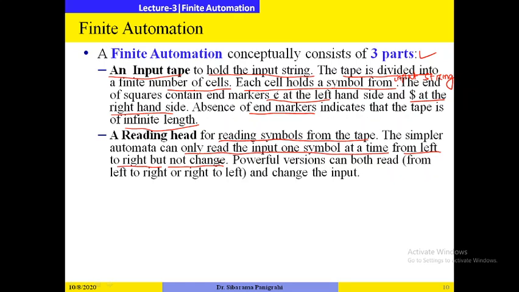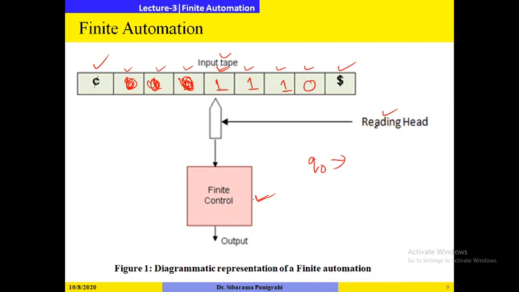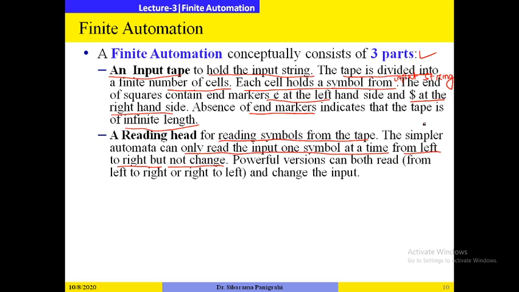If it could change symbols, then it would be a read-write head, but here it is only a reading head, meaning it can read the symbols only. Next, more powerful versions can both read left to right or right to left and also change the input.